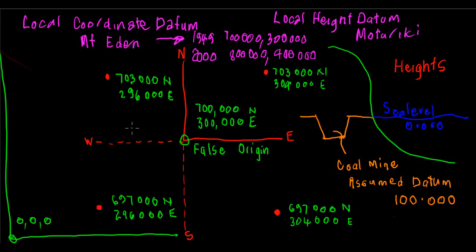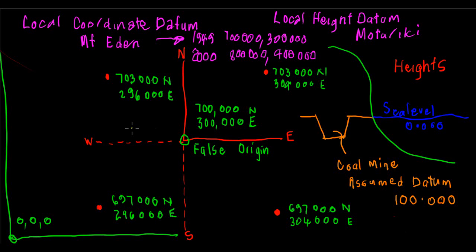That has been given the value of 0 height, and then heights above that level are positive and below that negative. Although on the land, for most of our surveying situations we do not go below sea level, and hence we don't have negative values, so we tend to use mean sea level as 0.